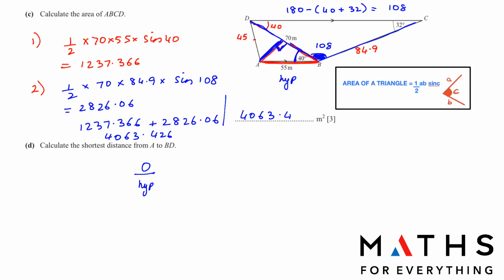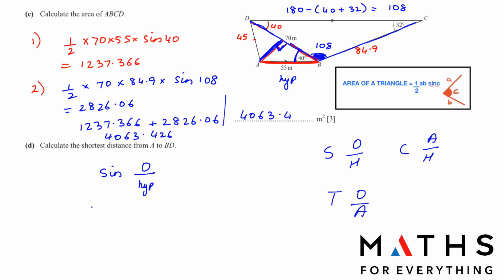If opposite and hypotenuse are there, what trig identity will you use? Sine. Learn it like that. Sine is equal to opposite over hypotenuse, cos adjacent over hypotenuse, and tan opposite over adjacent. You can pronounce it as soh, cah, toa, so that you don't forget.